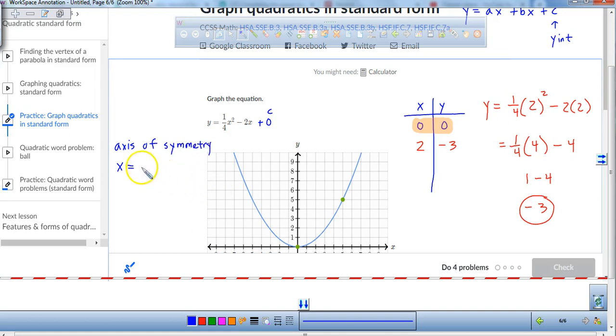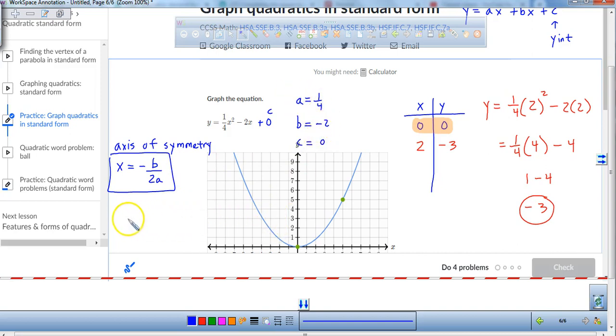The axis of symmetry is always negative b over 2a. So the axis of symmetry is going to be a vertical line that goes straight through the vertex. It's always negative b over 2a. Now our a value is 1/4. Our b value is negative 2. And that's the only 2 we need. And of course our c value is 0, but we're only going to use the a and the b.